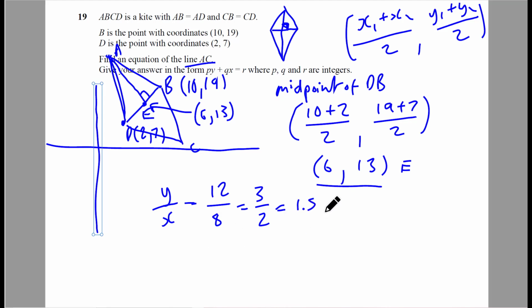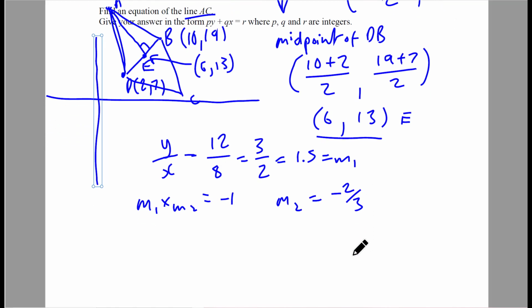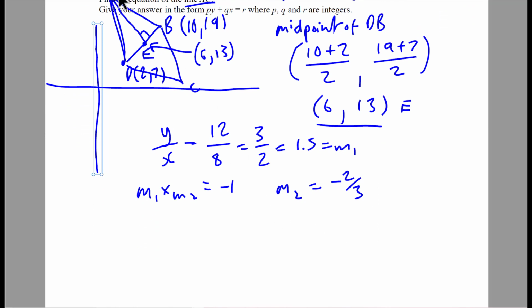So let's call that m for the gradient, or m1. Now remember perpendicular gradients, m1 times m2 has to equal minus 1. So m2 is the negative reciprocal of this, which has got to be minus 2 over 3. Okay, and that makes sense because the line AC's got to have a negative gradient.